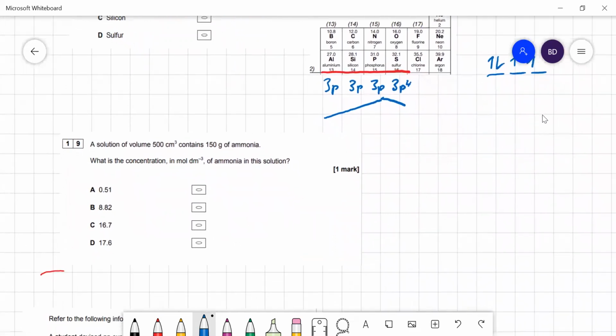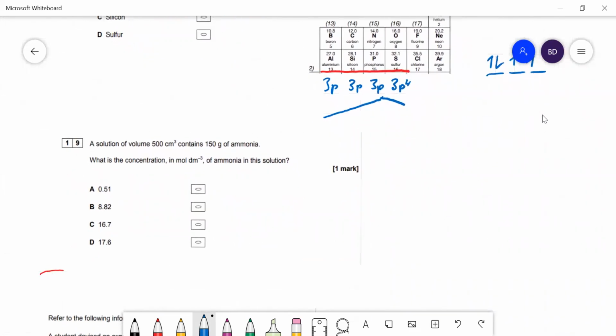A solution of 500 centimeters cubed contains 150 grams of ammonia. What is the concentration in mole per decimeter cubed of ammonia? So what we've got to do there, moles of ammonia is equal to mass over Mr. 150 over NH3, so that's an Mr of 17. So that's going to give us 8.82 moles.